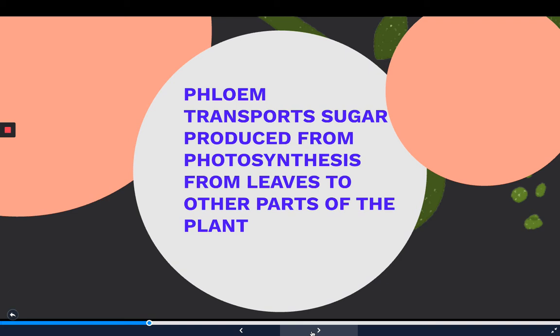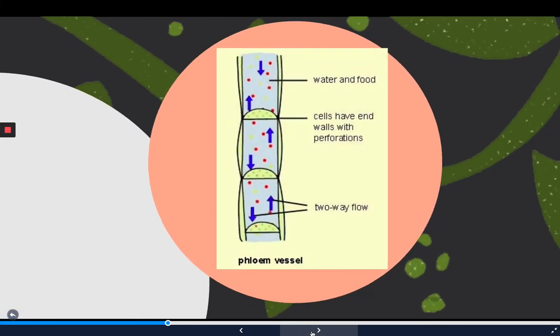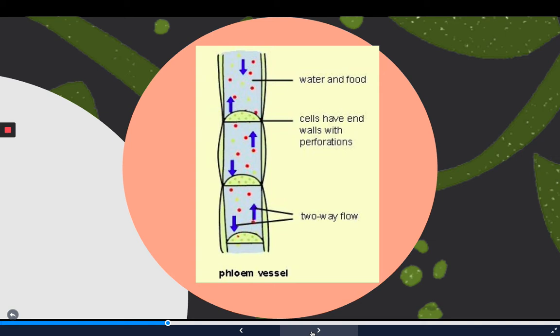sugar produced from photosynthesis from leaves to other parts of the plant. So sugar in the leaves is transported by phloem to the other parts of the plant. Phloem vessels are like that. Cells have end walls with perforations.